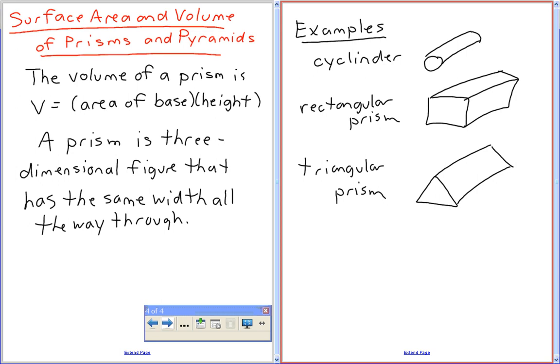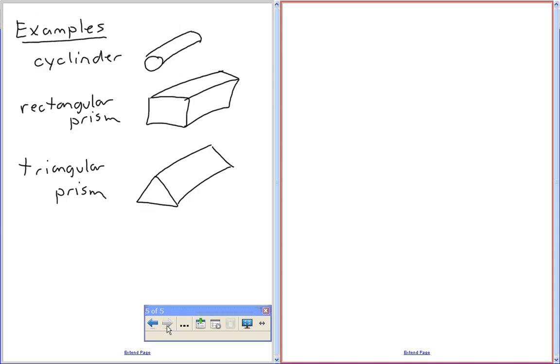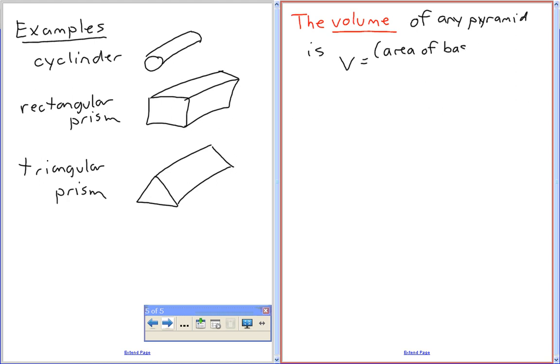Okay, we're going to say a pyramid. The volume of any pyramid is volume equals the area of the base times the height divided by 3.